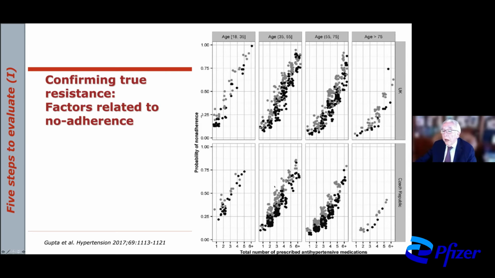In 2 countries, the Czech Republic and the UK, and this is similar for men and women. Even that decreases over the years. In the older people, whatever the case, there is still a situation of non-adherence to treatment.